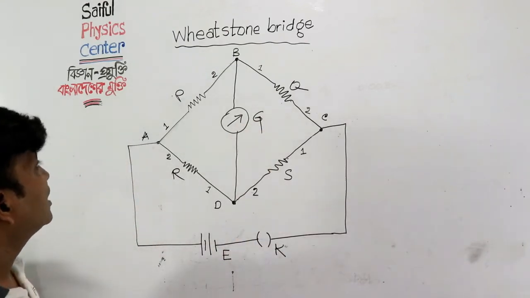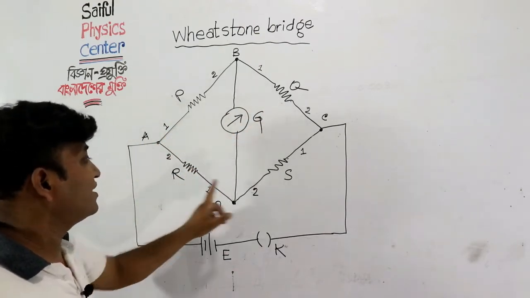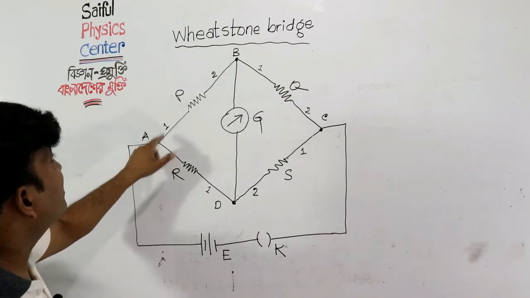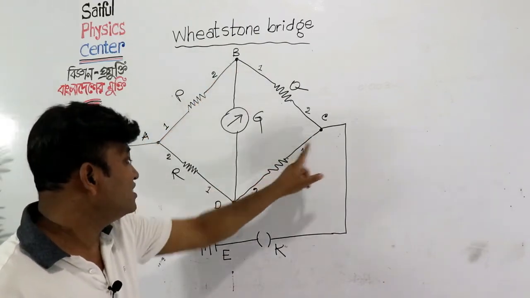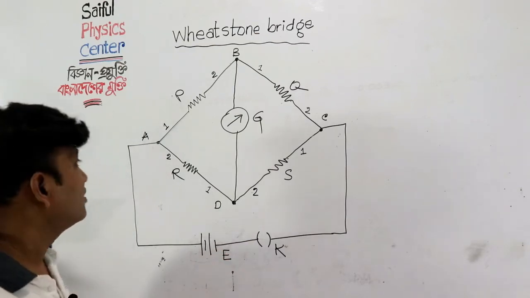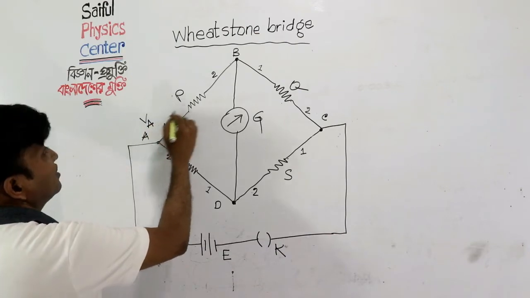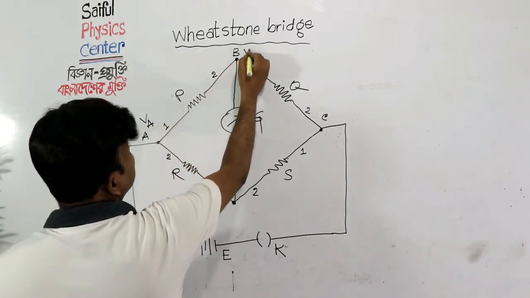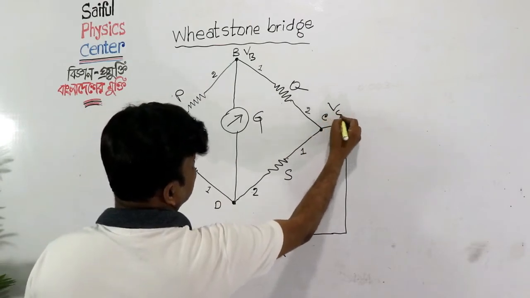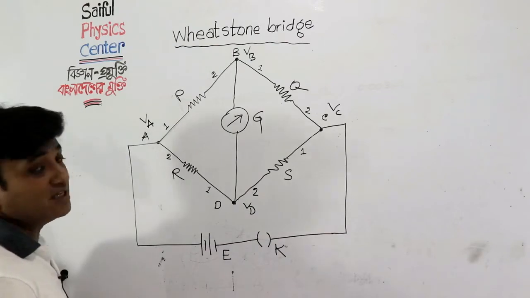Now, by controlling P, Q, R, S, the potentials at points A, B, C, and D are fixed. Suppose at point A the potential is VA, at point B it is VB, at point C it is VC, and at point D it is VD.